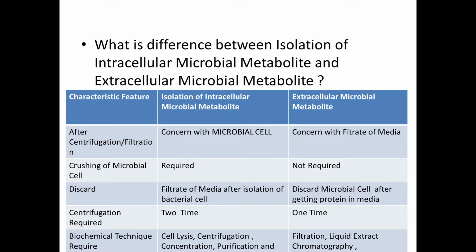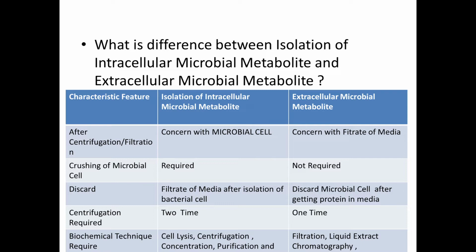After centrifugation, if you inoculate microbial cultures of two different types, intracellular microbial metabolites means that bacteria produce the metabolite inside the cell, and extracellular microbial metabolite means that bacteria produce the metabolite, the chemical compound, outside the cell, inside the media.